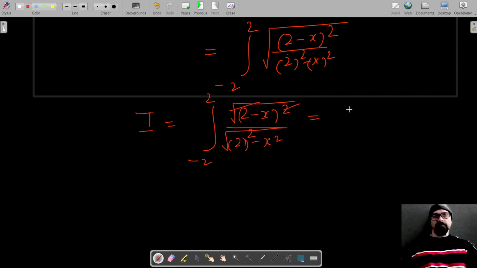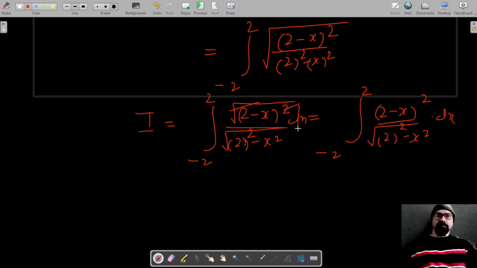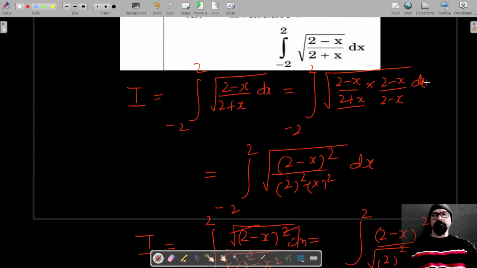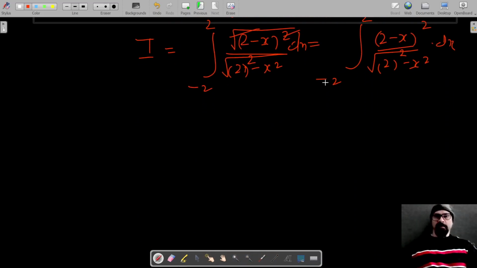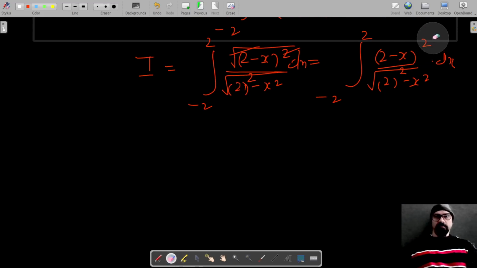So this gets cancelled, and this is -2 to 2, (2 minus x) the whole square upon under root 2 square minus x square into dx. So all of this has the differential element dx. Okay, so this is actually not square.